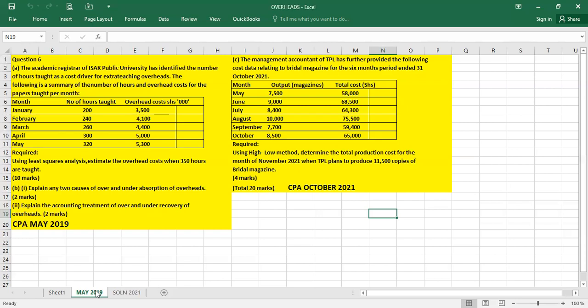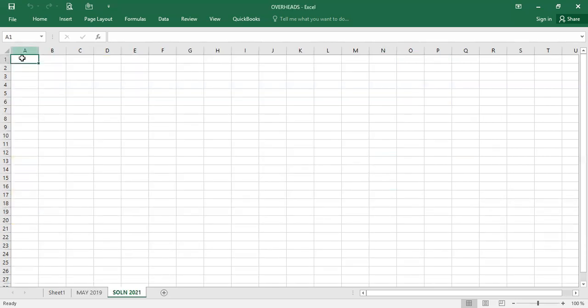We are choosing those activity levels which have the minimum and the maximum. Maybe I can give you a brief introduction for those who can't get it right.